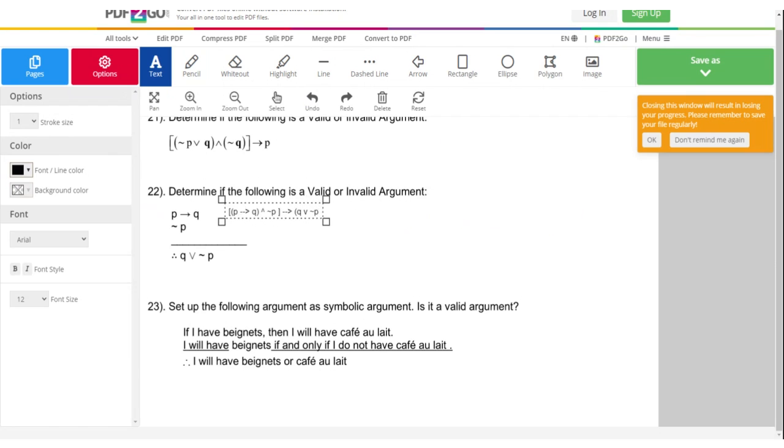Okay, so that's what we're going to do the truth table for. And the same thing can be done here.